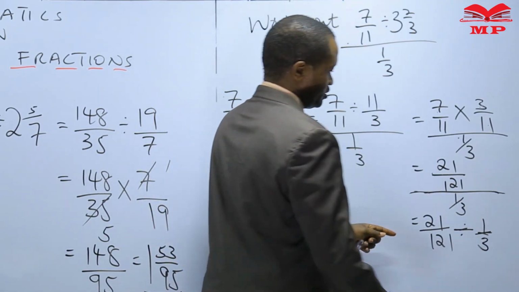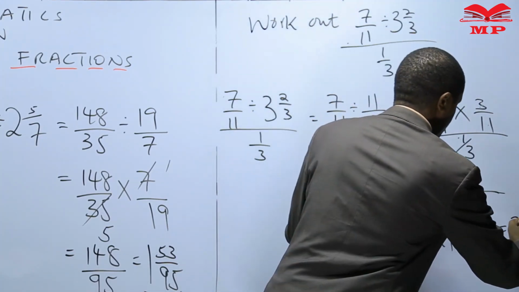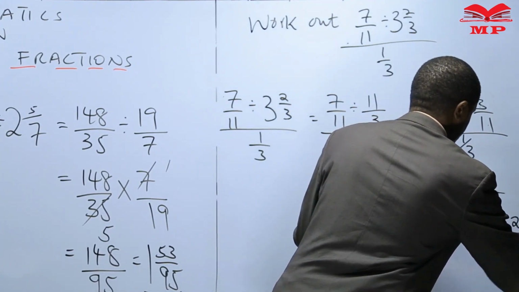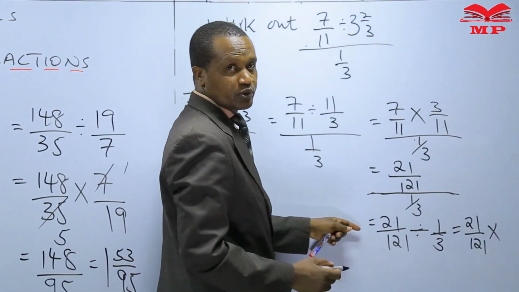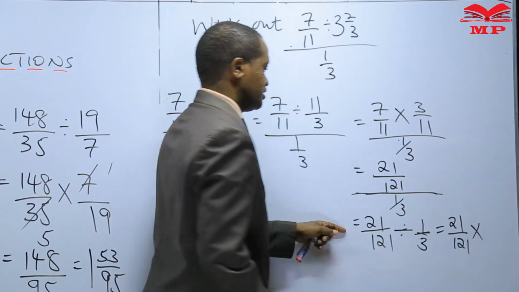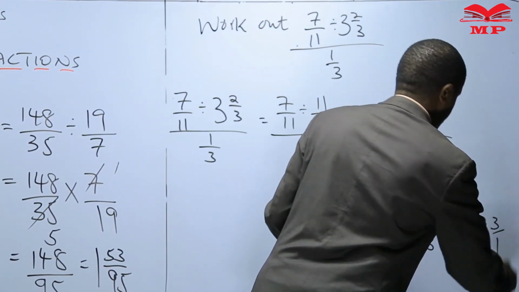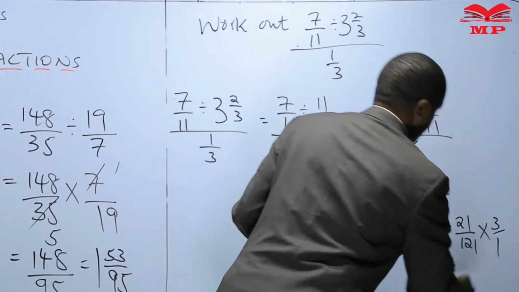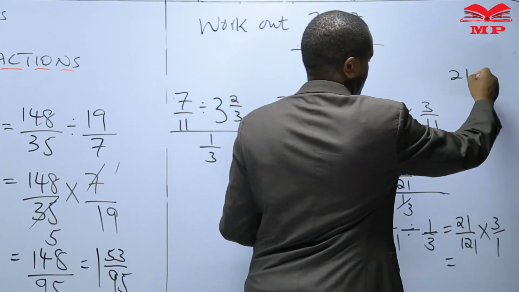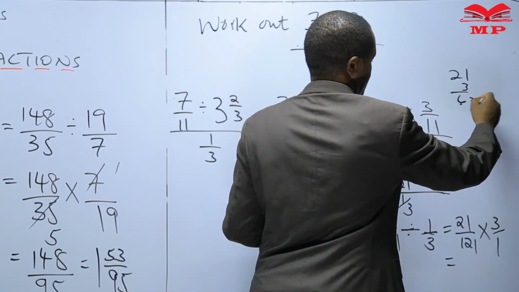So we come here and say this is equal to 21 over 121 times the reciprocal of 1/3, which is 3 over 1, giving us here 21 times 3 is equal to 63.